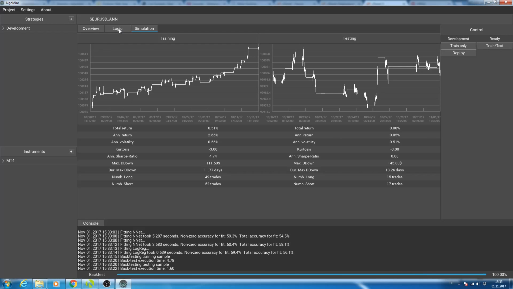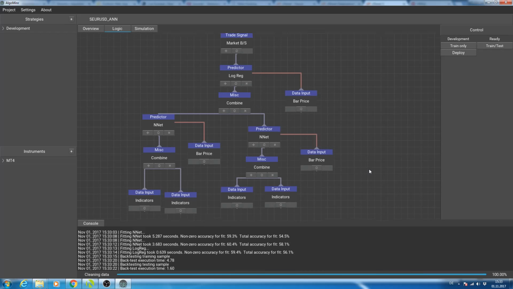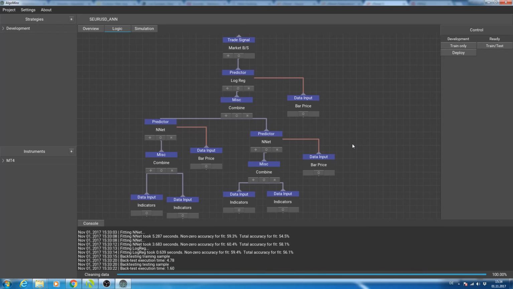So your task now will be to find, from this huge network that we've built, the right parameters for all the nodes.